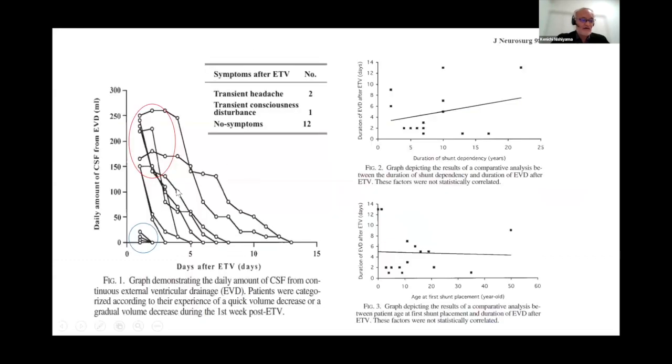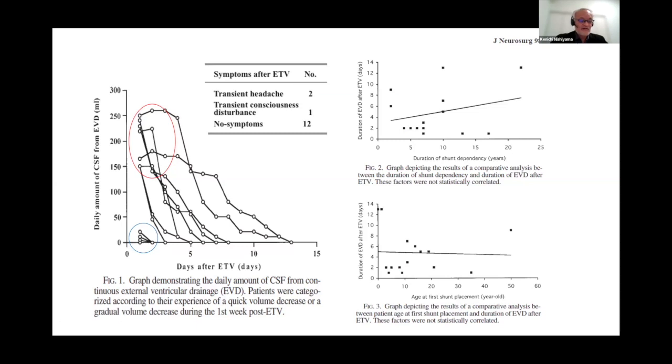The daily CSF outflow pattern was divided into 2 types. One group showed almost no flow, but another group showed more than 150 milliliters of outflow for several days after ETV, presenting transient increased ICP symptoms, which decreased within a couple of days. Patients can convert into shunt independence during the adaptation period.